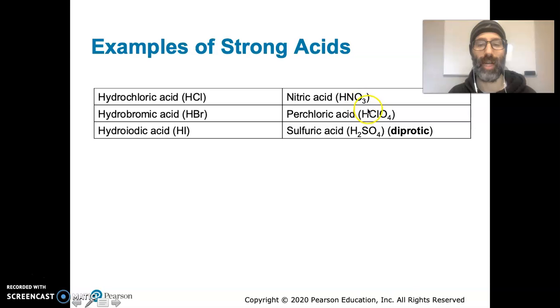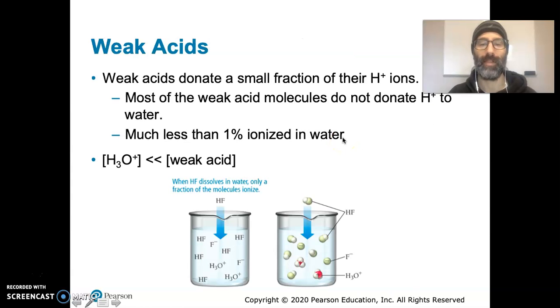You have nitric acid, perchloric acid, and sulfuric acid, which is a diprotic acid. These 2 hydrogens can ionize, so this one will produce double the amount of H plus. So a 1 molar solution of H2SO4 means you have a 2 molar solution of hydronium ions.